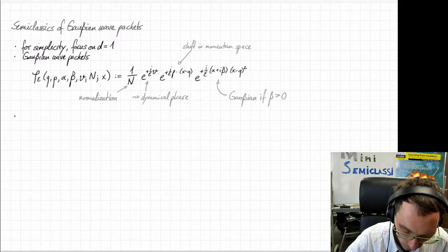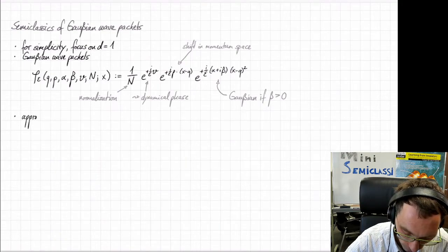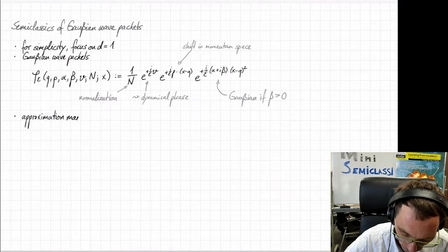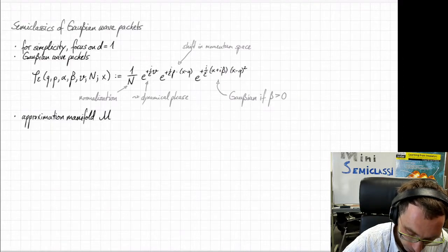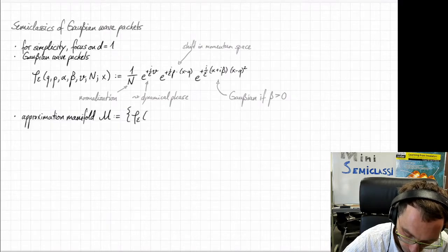So the approximation manifold M consists of such Gaussians.